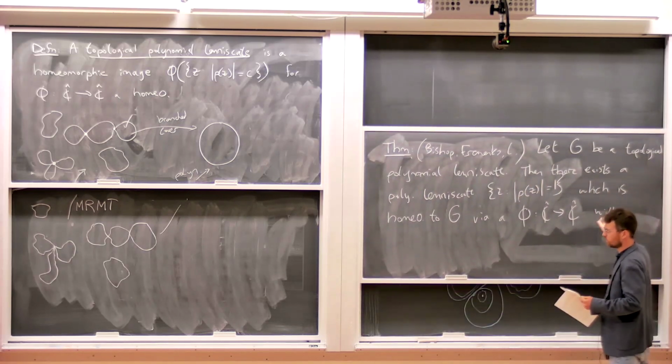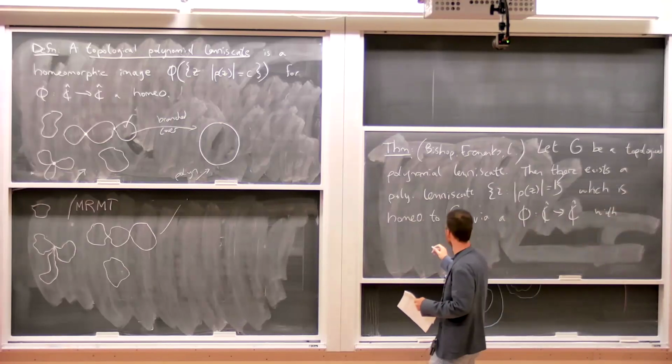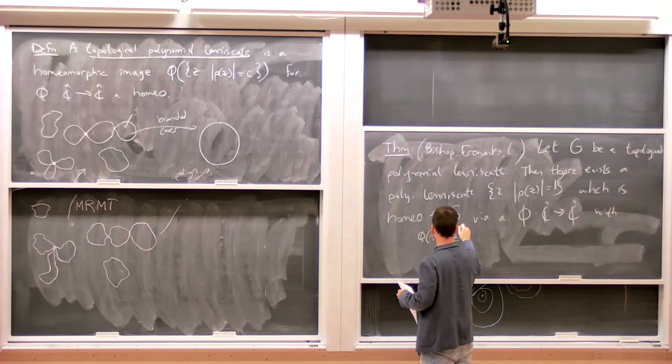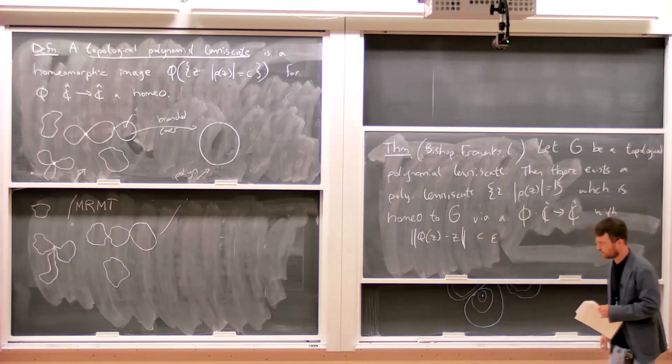So far, this is just a quick application of the measurable Riemann mapping theorem. But the last thing, that you can take phi of z to be as close to the identity as you would like, is the new thing.